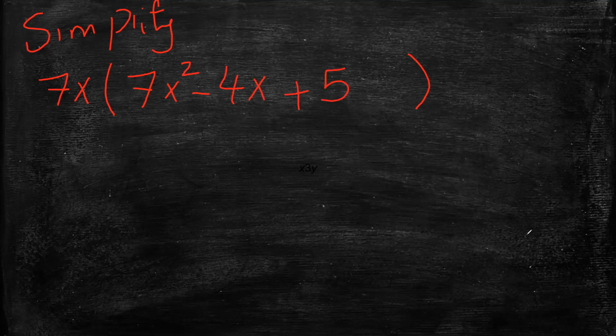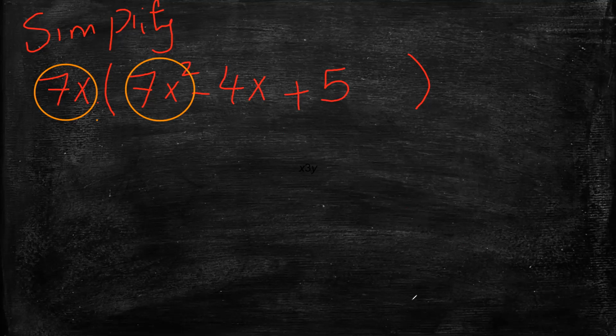We have to multiply. Why? We have a monomial times 7x squared minus 4x plus 5. So what do you have to do? The first step, as we said before, is to multiply 7x times 7x squared first.